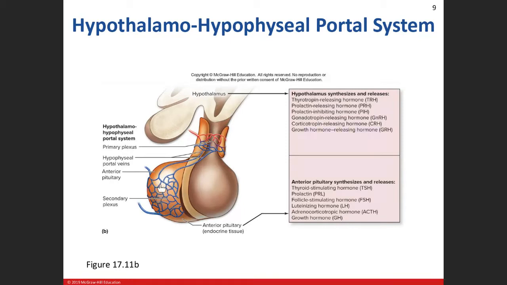And then it causes the anterior pituitary to release its hormones. We'll get into some of the details about this.